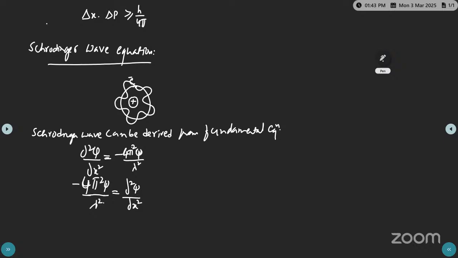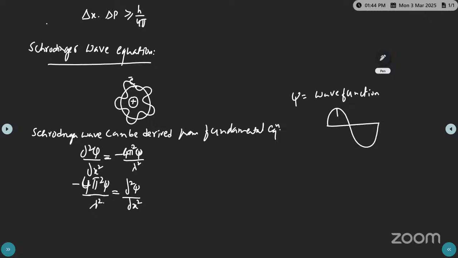Psi means wave function. It means the amplitude of the wave. Generally, the electrons are moving around the nucleus in a wave-like motion.